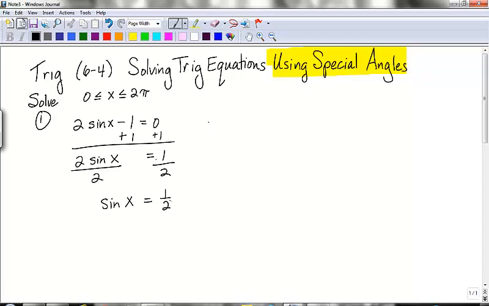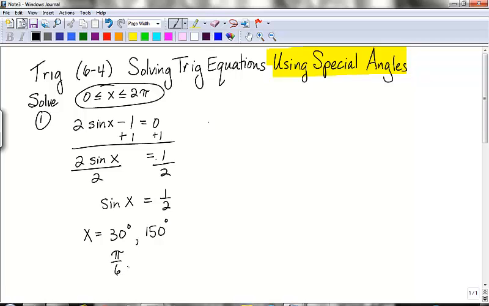Basically you're saying, I know the value of the function is 1/2, I don't know the angle, and they are special angles, so look across on your chart, go across the sine. Where is the sine equal to a positive 1/2? 30 degrees. Where else? 150. Now, in terms of pi, because they're going to put the answer in the back in terms of pi, the 30 degrees is pi over 6.